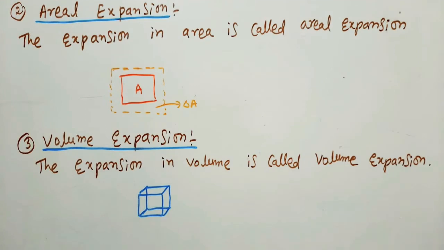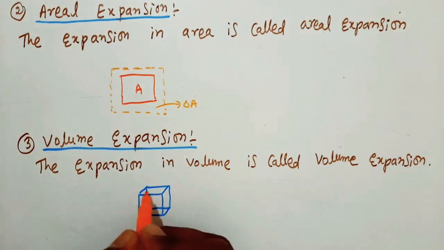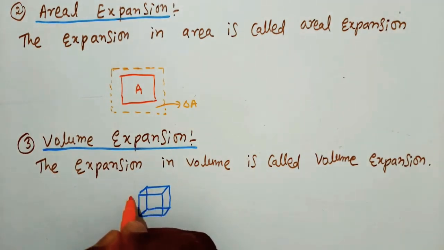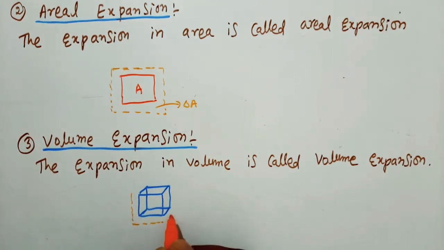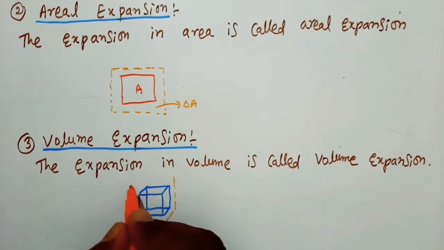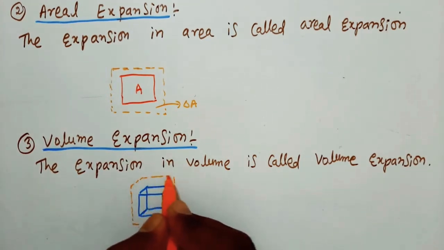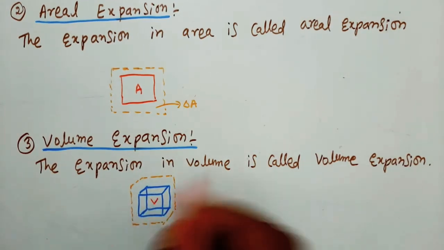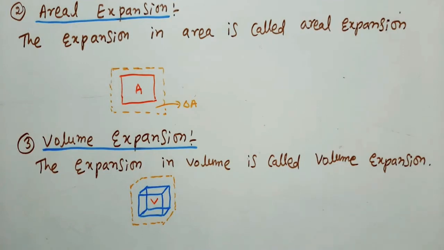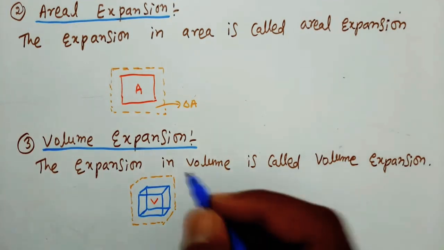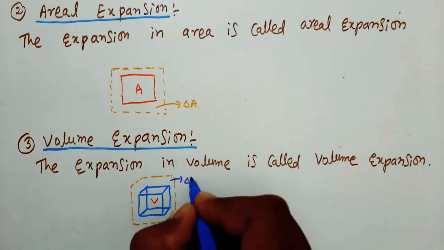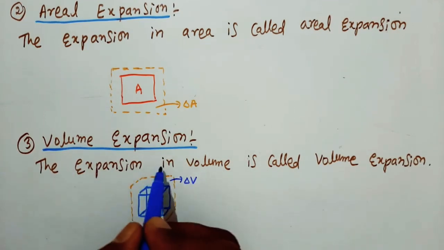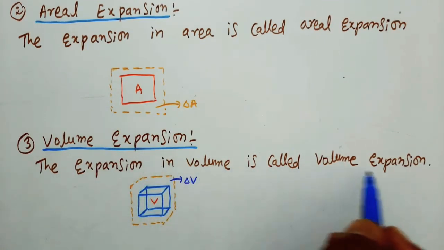By applying heat, the dimension of this cube increases. So here initial volume of the cube is V. The increase in volume is del V. So the expansion in volume is called volume expansion.